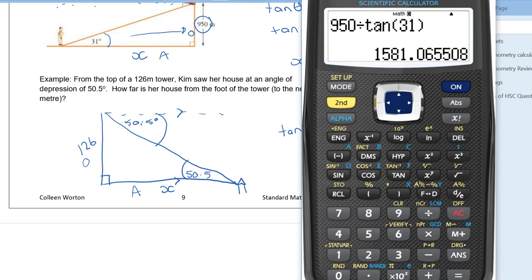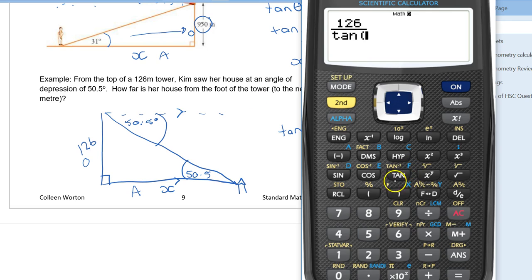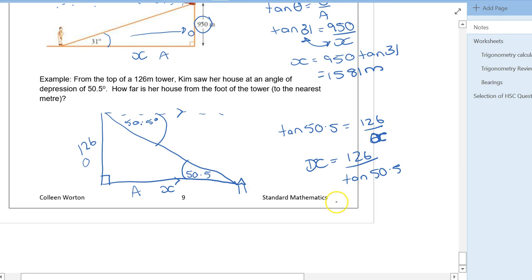Put that in my calculator. I didn't have to use the second function because I'm not finding an angle, and it gives me 103.86, so I'm going to go 104. 104 metres. There you go.